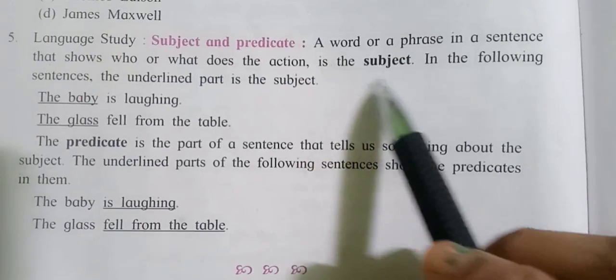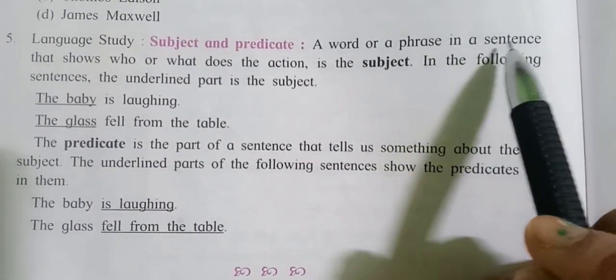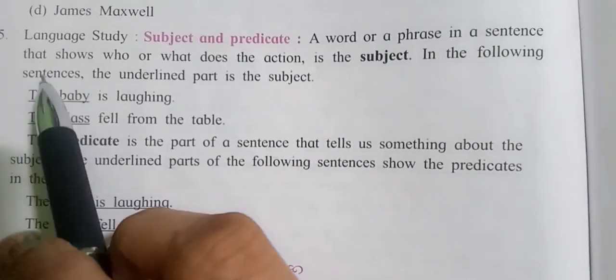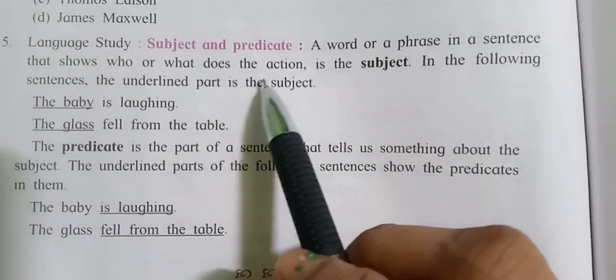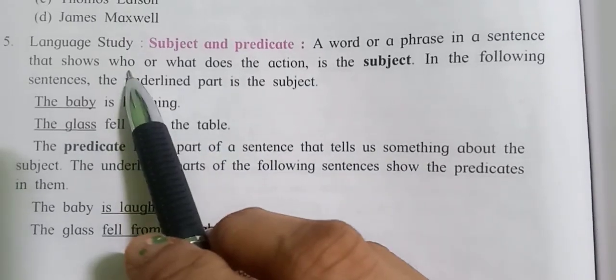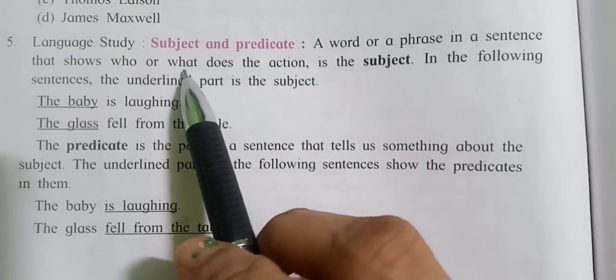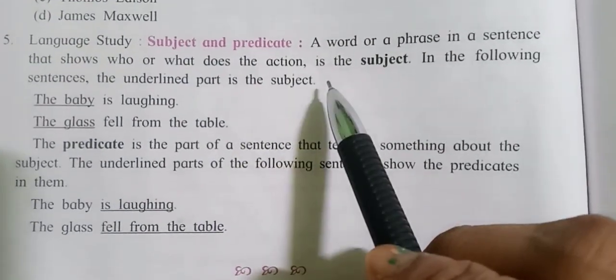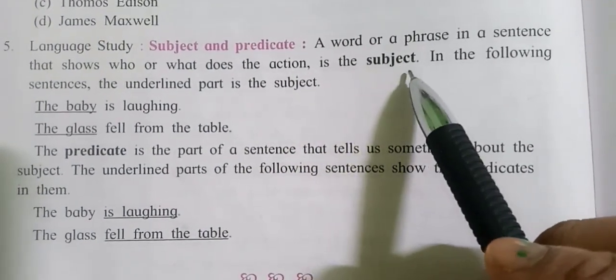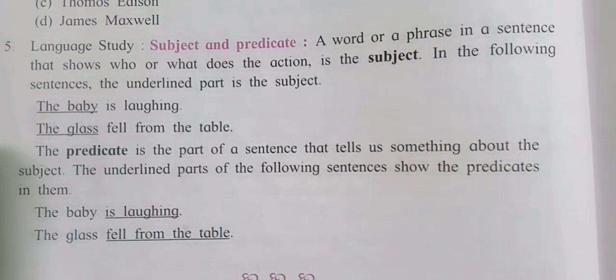Whenever any word or a phrase comes in our sentence and it shows who or what does the action, who is doing the action or what action is being done in the sentence, that is our subject.